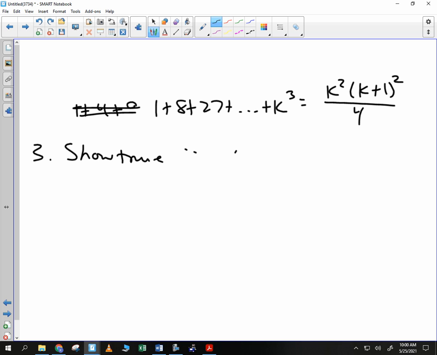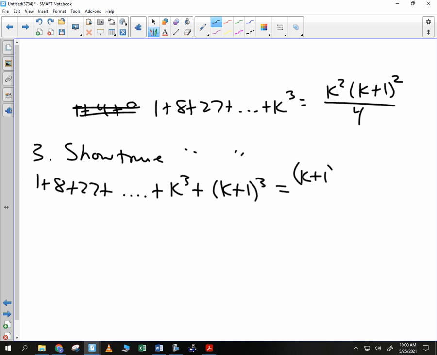So you'd have 1 plus 8 plus 27 plus ... plus k cubed plus k plus 1 quantity cubed is equal to k plus 1 quantity squared times k plus 1 quantity squared over 4.